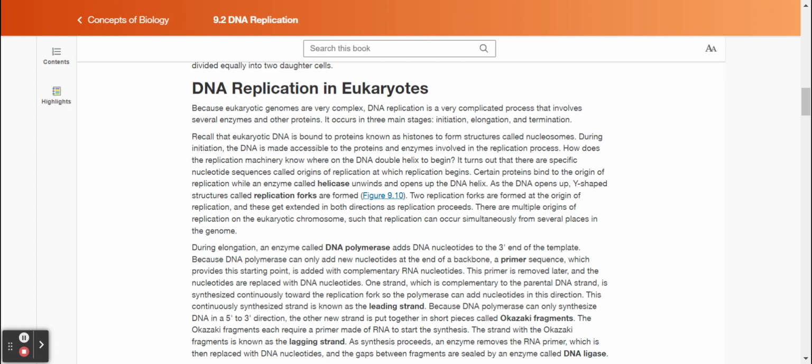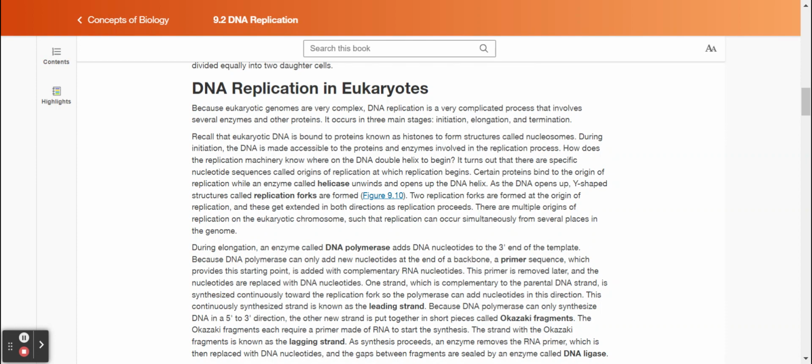How does the replication machinery know where on the DNA double helix to begin? It turns out that there are specific nucleotide sequences called origins of replication at which replication begins. Certain proteins bind to the origin of replication, while an enzyme called helicase unwinds and opens up the DNA.